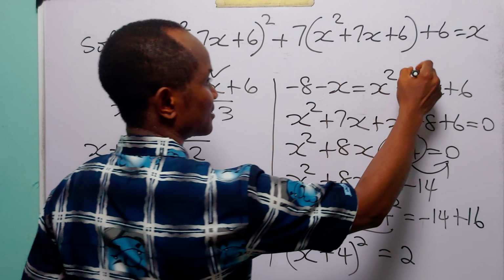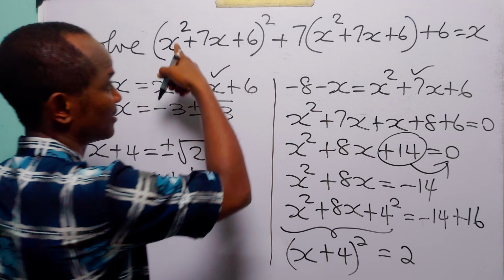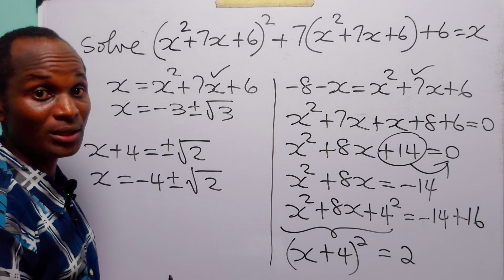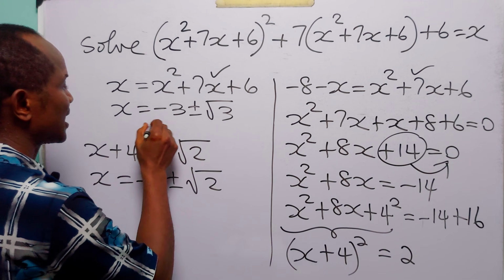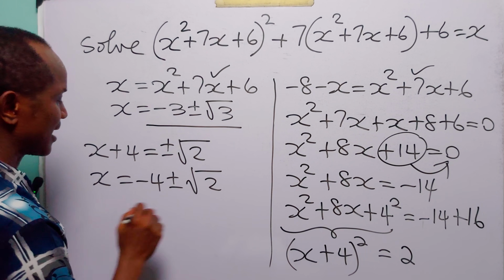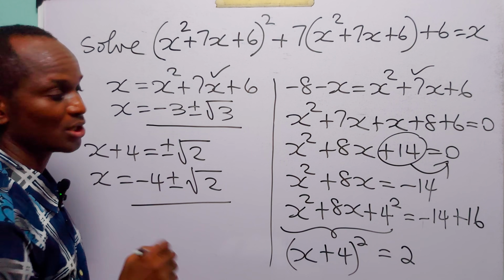So from this equation, we have the other two values of x that satisfy the original equation. All in all, we now have all the 4 values that satisfy this equation. We have minus 3 plus or minus root 3 and minus 4 plus or minus root 2.